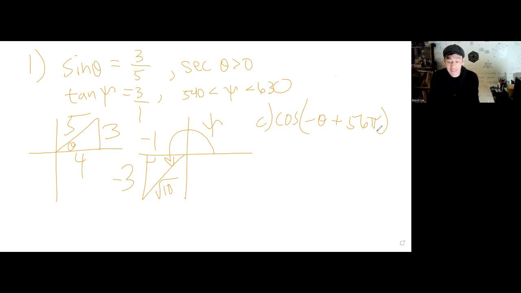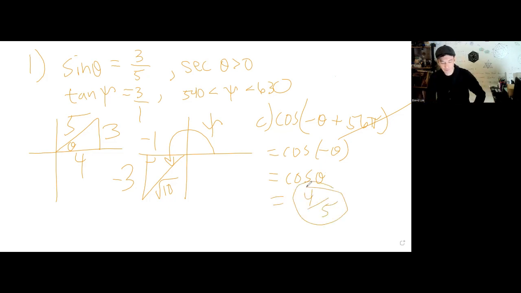So what I'm basically saying is that can basically go away. So this equals cosine negative theta. The 56 pi goes away because of periodic properties. Now, looking at your trig IDs, go to your even odd, and you'll see that cosine negative theta is the same as cosine positive theta. So just tell me cosine of theta and we're done, which is why the answer says 4/5.